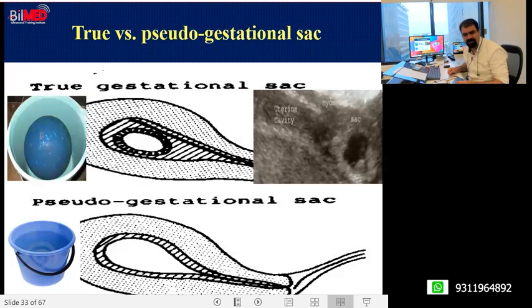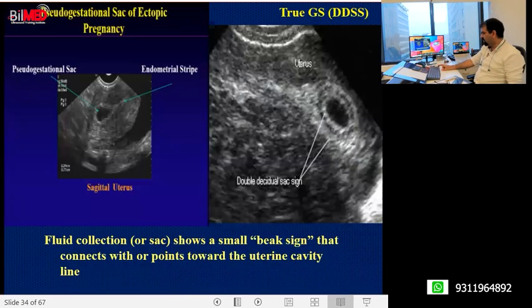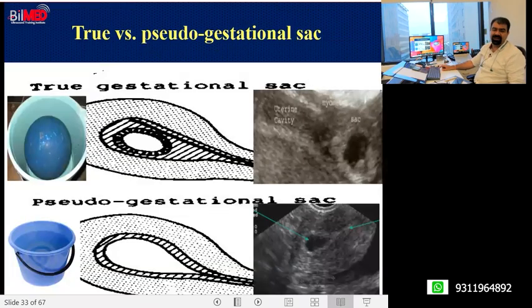Nothing to think. So this is ruling out. Put in your mind that there is something called suggesting and something called literally diagnosing or ruling out. So if you see an unobliterated uterine cavity, it is ruling out ectopic pregnancy.